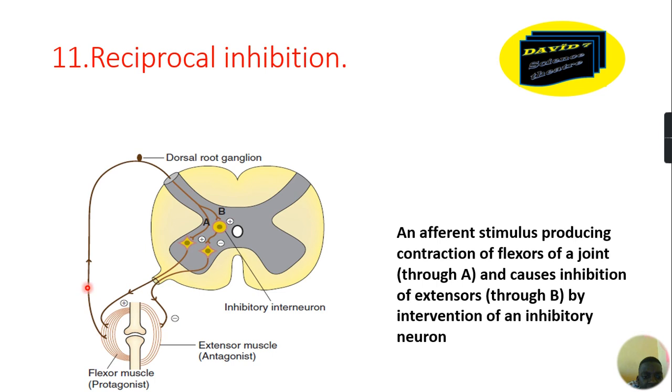So this arc sends collaterals to prevent extension of the muscle when flexing is occurring, because it would oppose the flexion occurring this side.